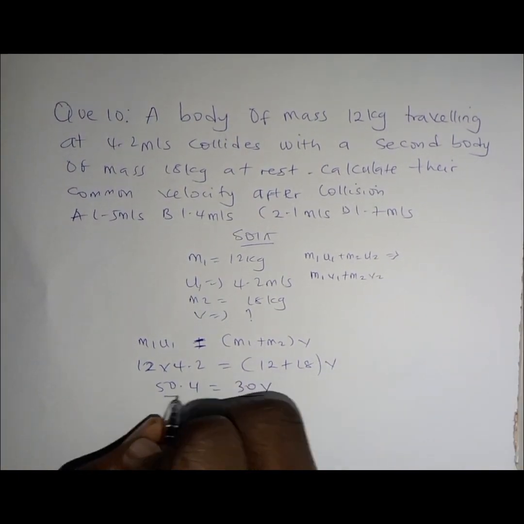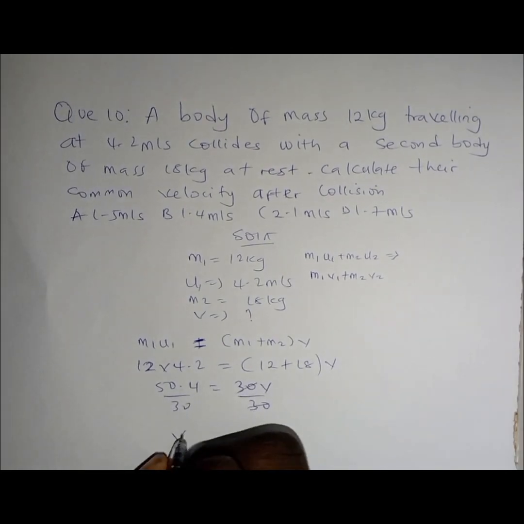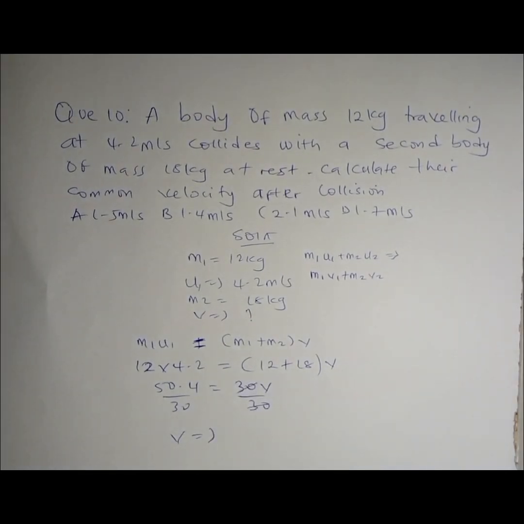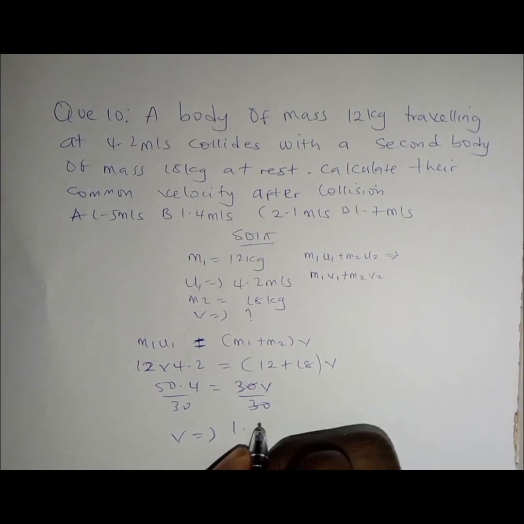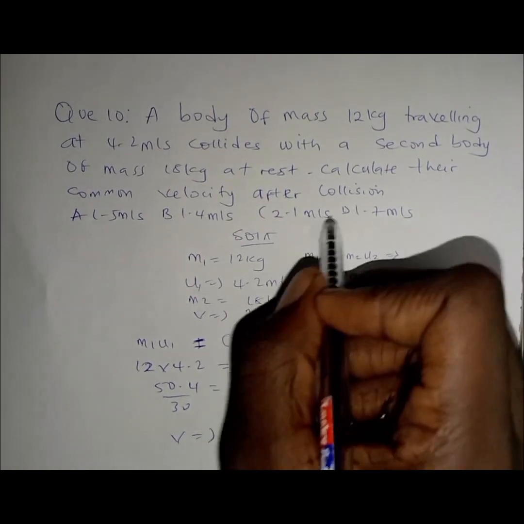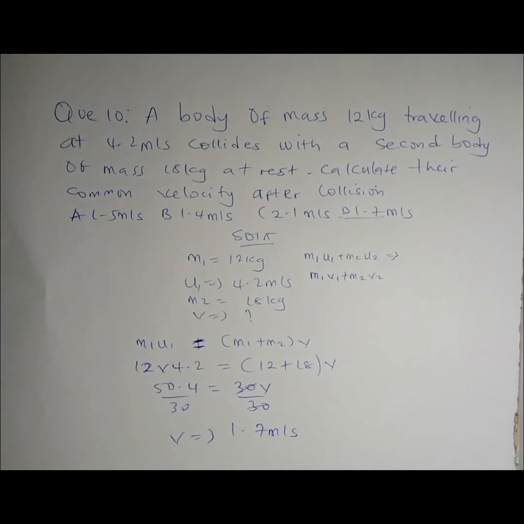Divide both sides by 30. So therefore we have v to be 50.4 divided by 30. My answer is 1.7 meters per second. And I think our right option is option D.